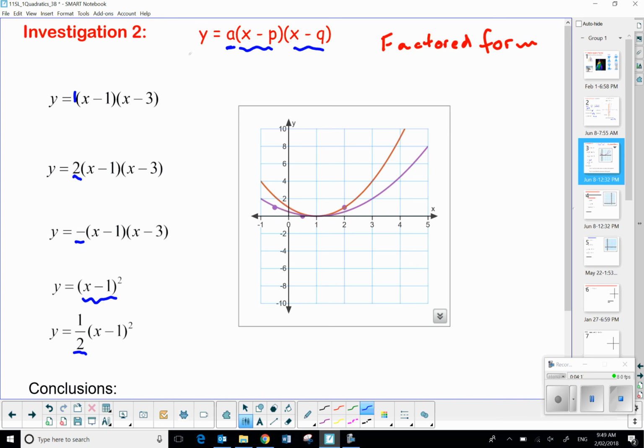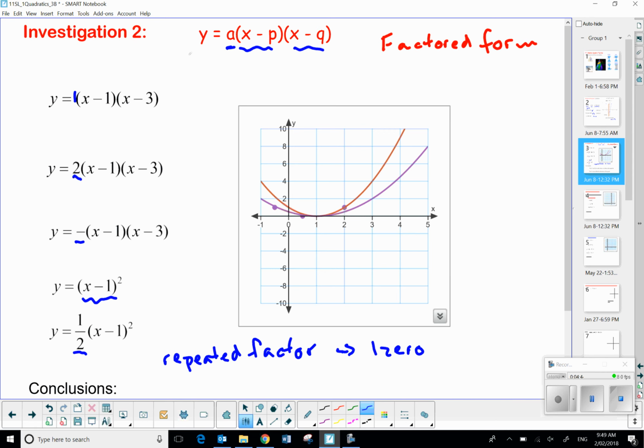So this is like a repeated factor. So we only get 1 zero. This graph here is probably one of these 2 functions. You have to work out which is the red and which is the purple.